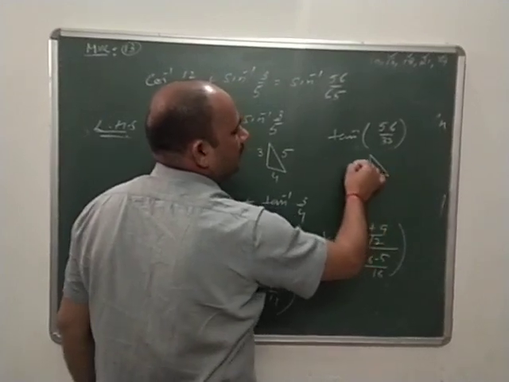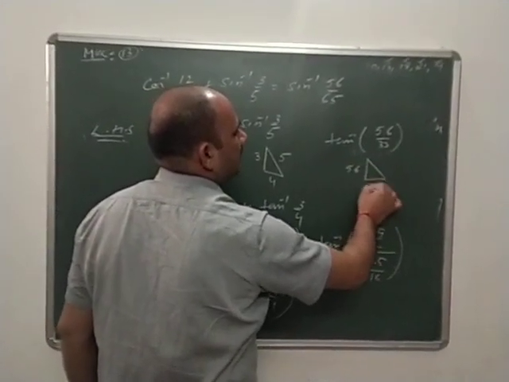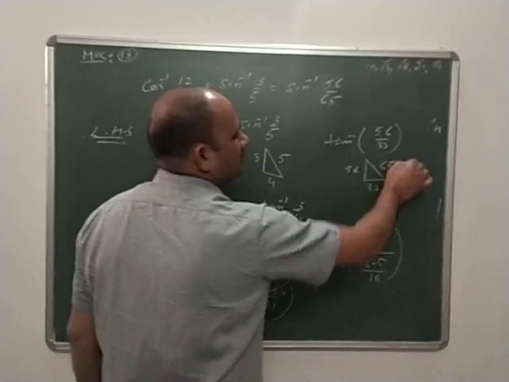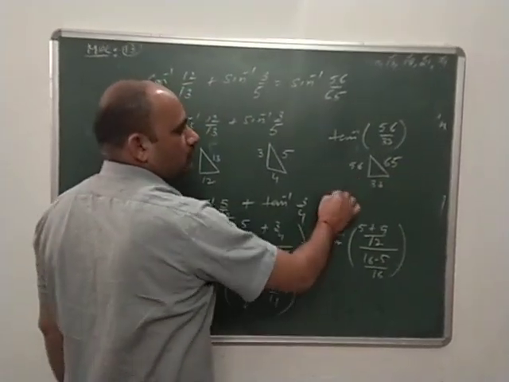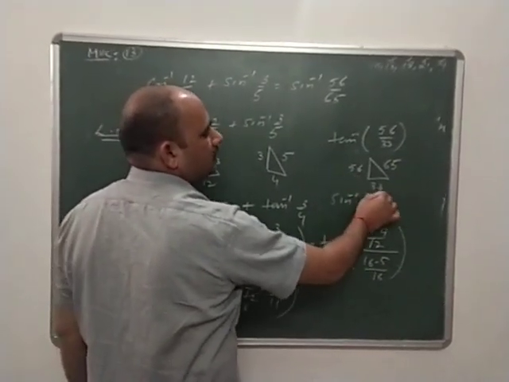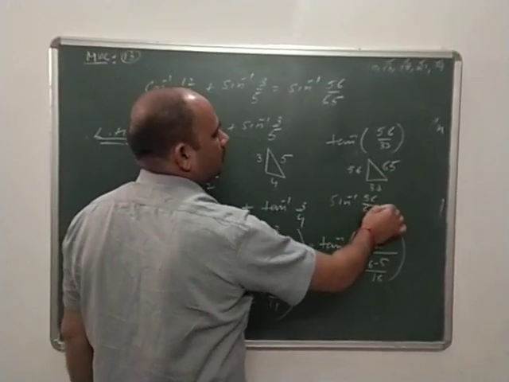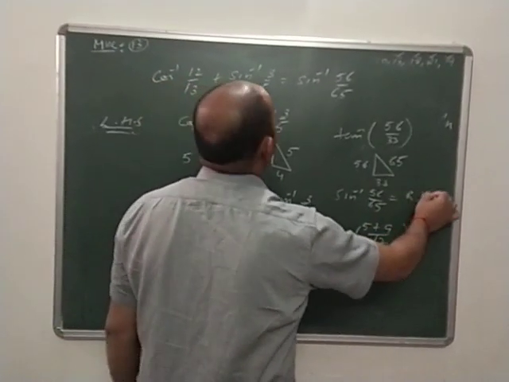Make a triangle. Tangent is perpendicular by base, so by Pythagoras the hypotenuse is 65. Convert into sine. Then sine is perpendicular by hypotenuse, equal to the RHS.